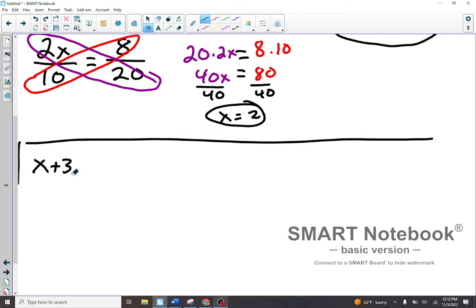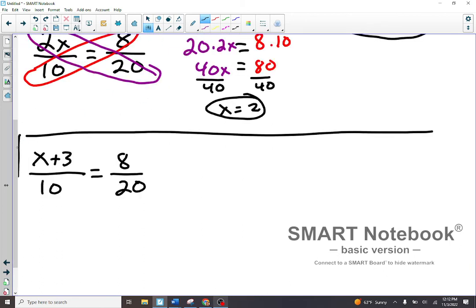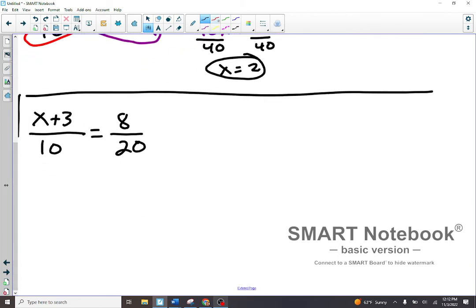x plus 3 over 10 again, equals, you know what? I'll do 8 over 20 actually. It works still. So in this cross multiplication, again, we're going to cross multiply.